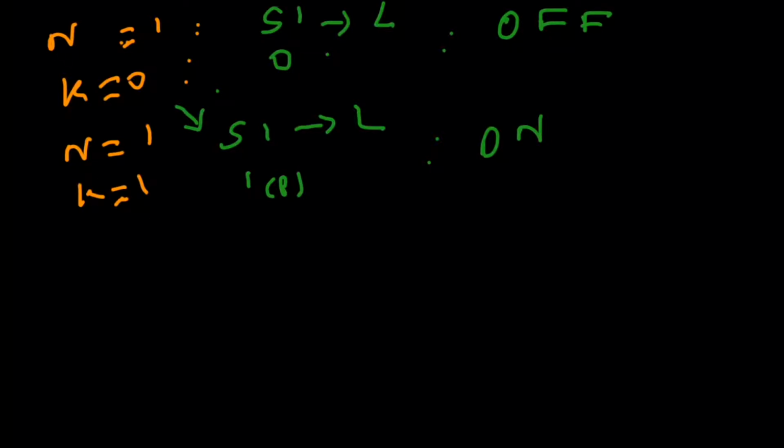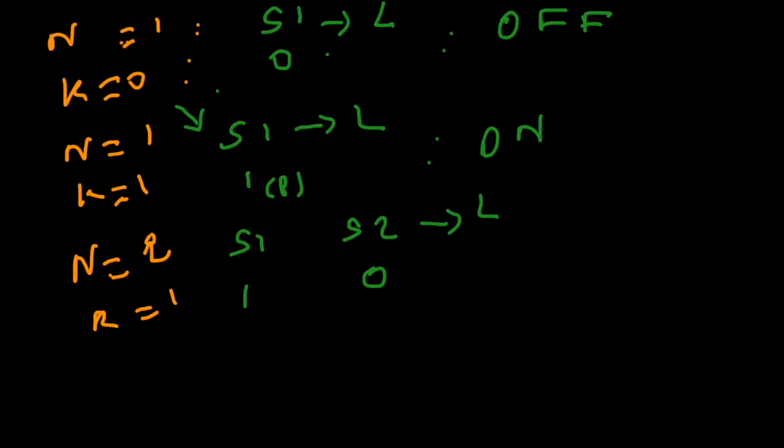Let's look at another case where n is 2 and k is, let's say, just 1. In this case we would have S1, S2, and the number of snaps is just 1, so this one is 1 and this one is 0, and since the light is plugged to this one, this would be off.